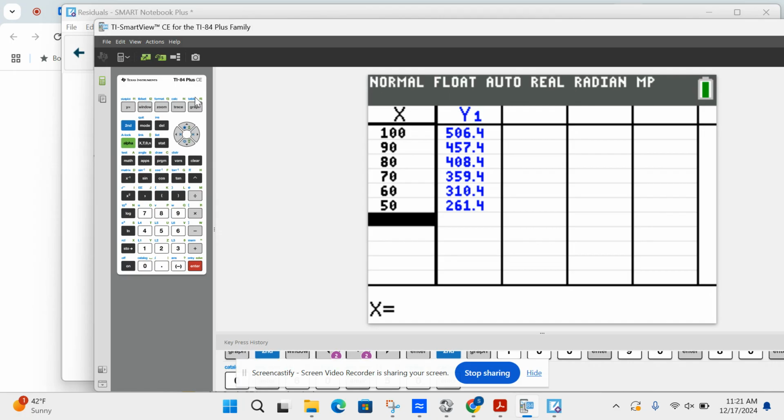That's weird. You type in the numbers in your x. Press the 100, enter, and start writing them down. Write them down and then find the residuals. What do we do with the ones once we run out of room? You just go 100 to 50. There are still numbers below it, but don't look at them. Just keep going.